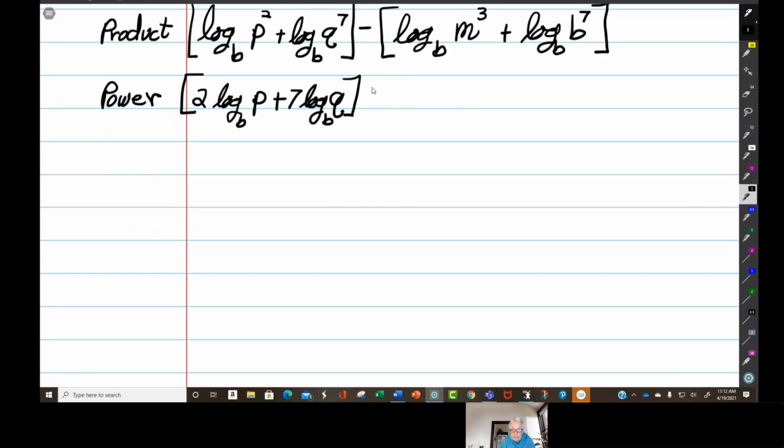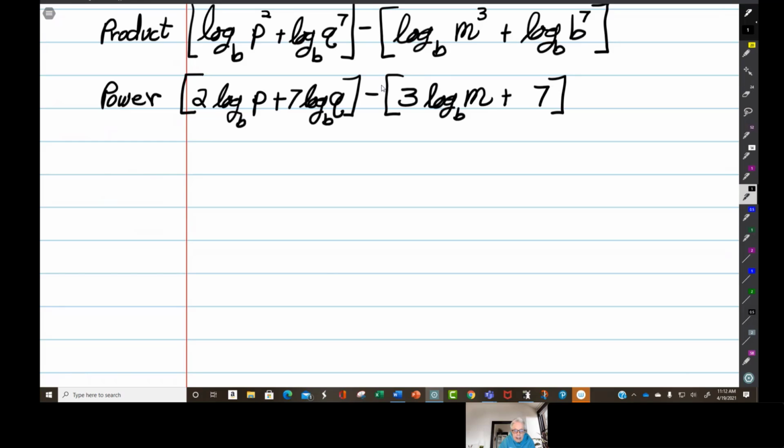Minus 3 times log base b of m plus 7, because when b matches b, the answer is the exponent. It's like a little magical gift there.